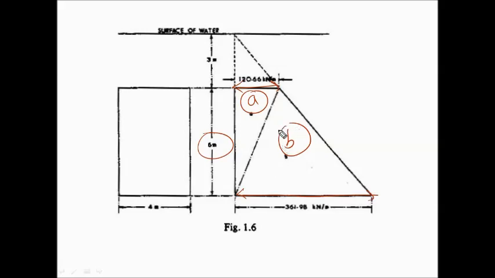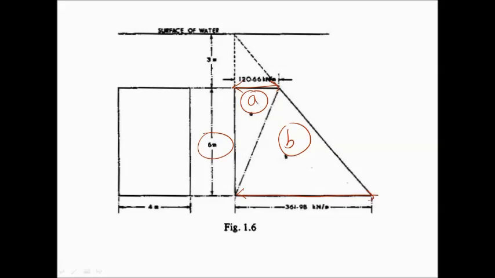And to calculate the center of pressure, we have to find the center of pressure of A, the center of pressure of B, and then the resultant center of pressure for A and B. That will be the center of pressure for the trapezoid.